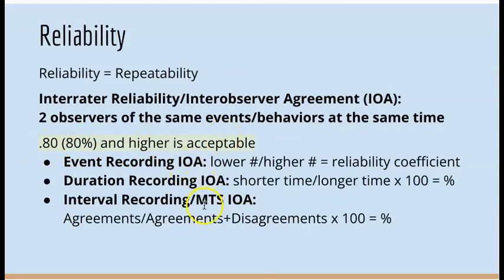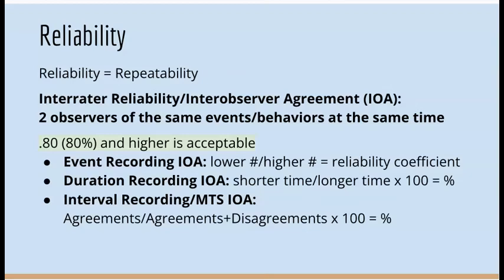There are 3 different ways to measure it, with event recording, duration recording, and with momentary time sampling. So we will actually practice this in class as well, just so you have some practice with this. This becomes really important if you're in a classroom setting and you are one of multiple teachers, or you and your educational assistants are collecting the same data on your learners.